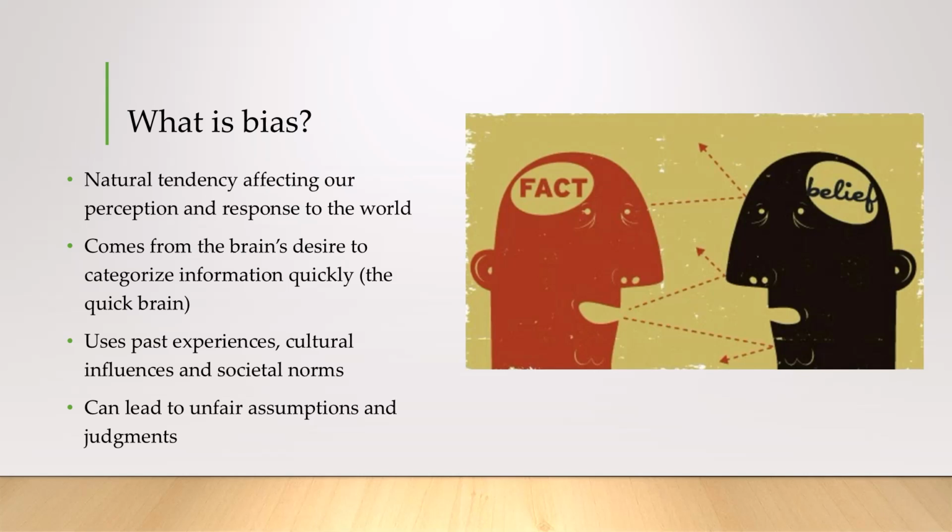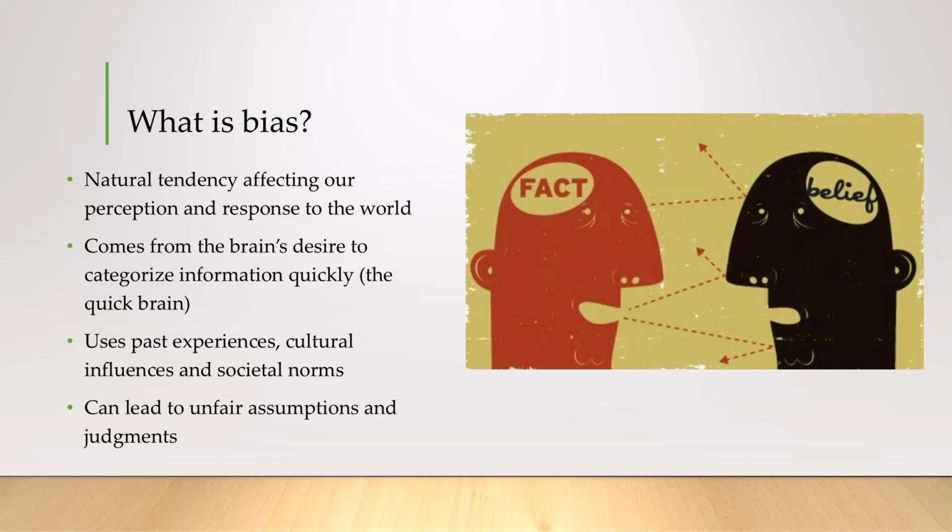Bias is the natural tendency that affects how we perceive and respond to the world around us. It shapes our thoughts, actions, and decisions, often without our realizing it. Bias comes from our brain's desire to categorize information quickly, using past experiences, cultural influences, and societal norms.